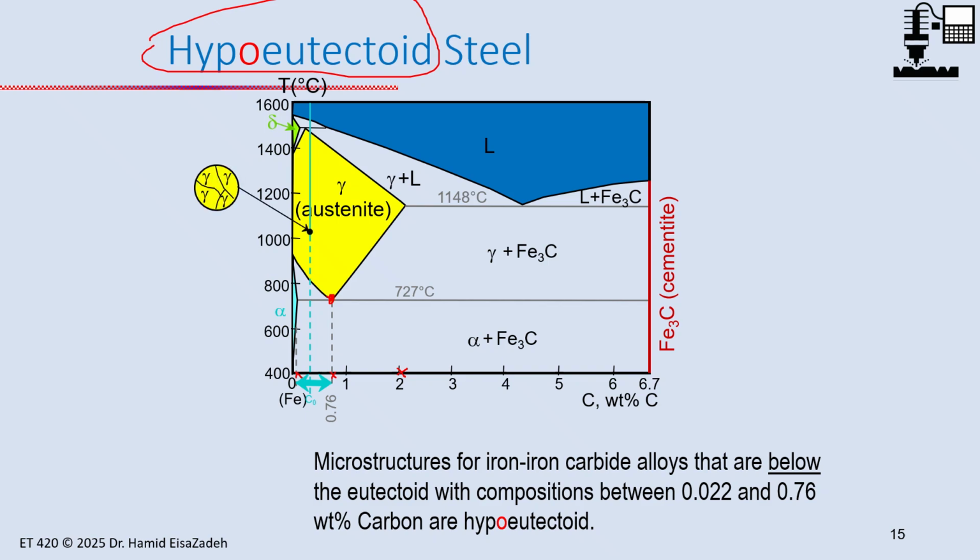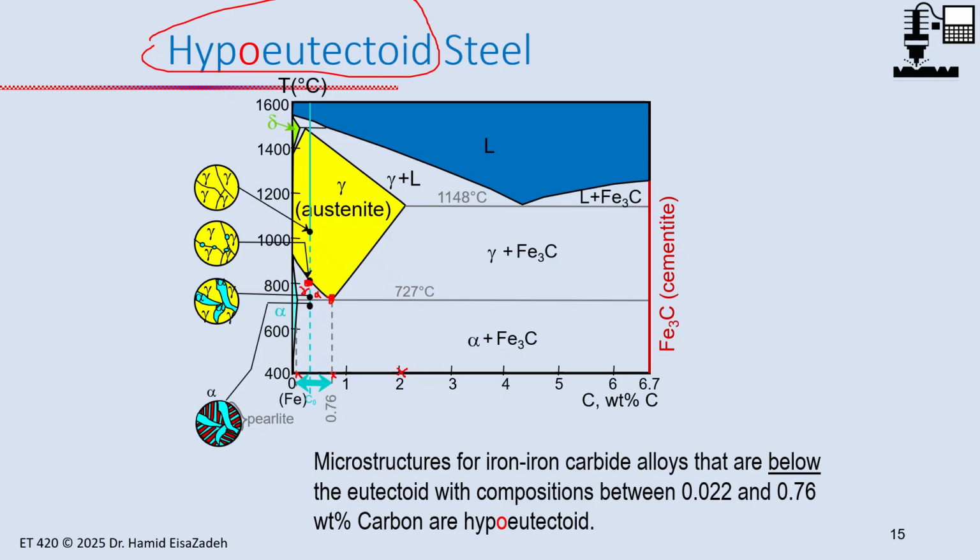When gamma again transforms to alpha and cementite, we have a different arrangement. We start getting some alpha, which starts forming at this point. In this region we have alpha plus gamma.